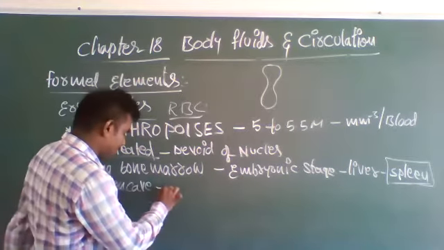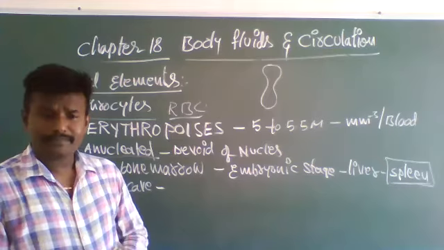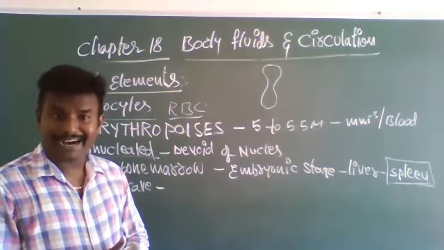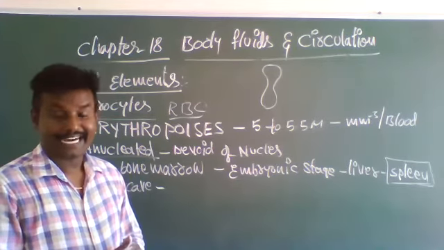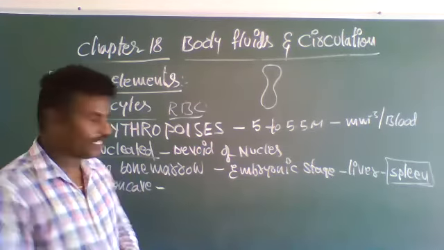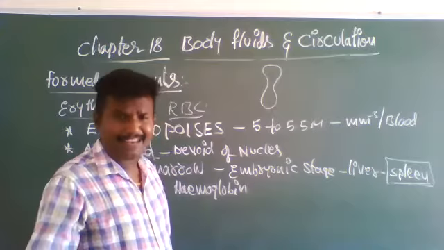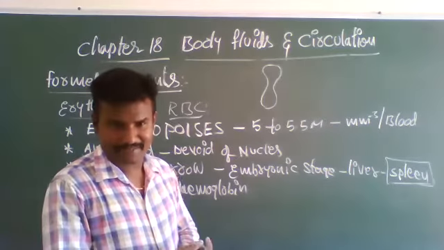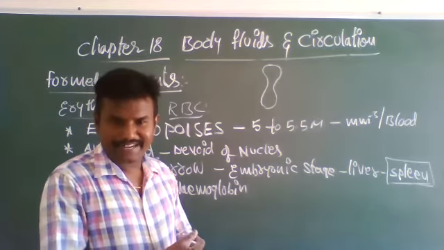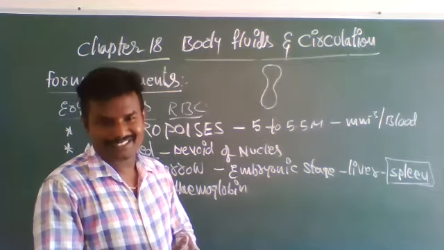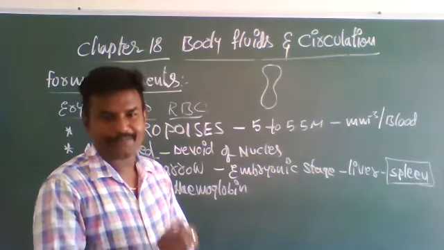Next, hemoglobin. Red blood cells contain an iron-containing pigment called hemoglobin. I already said that hemoglobin contains an iron-containing element. Therefore, it is reddish in color due to the presence of hemoglobin.